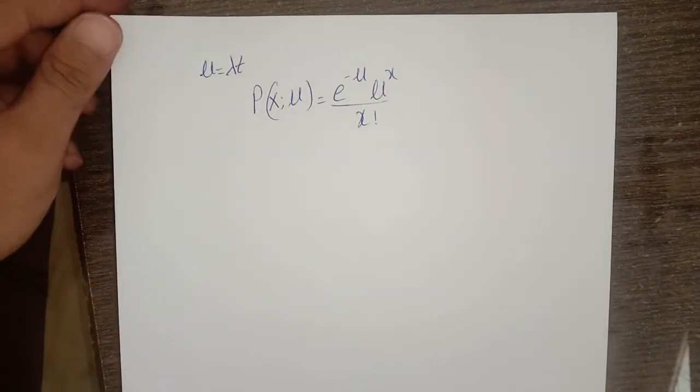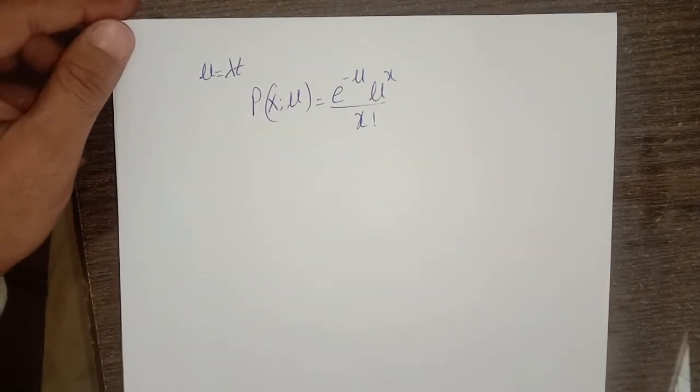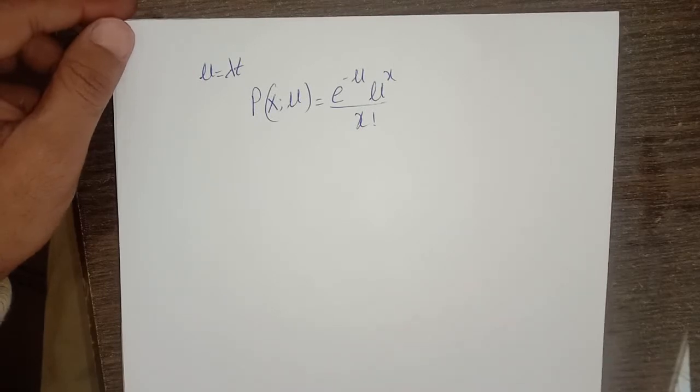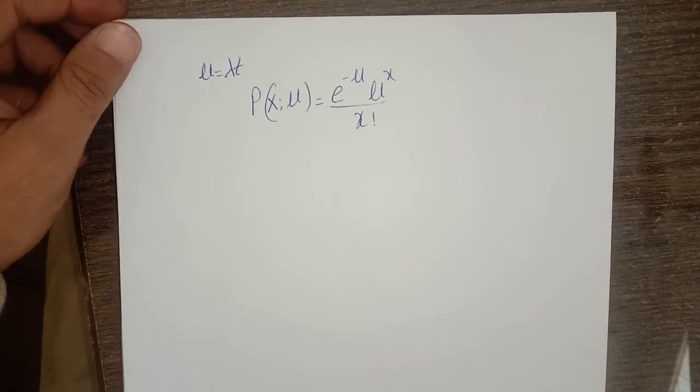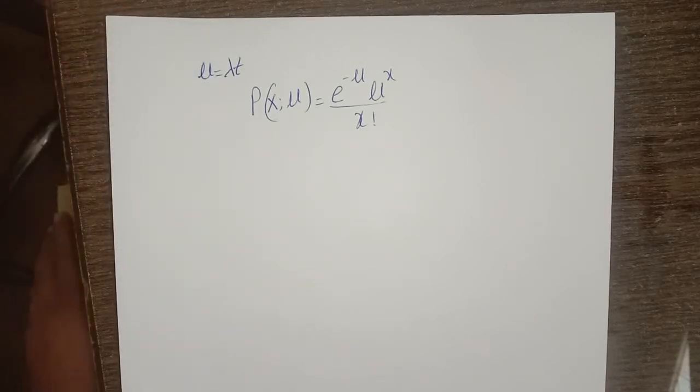Now, Poisson distribution has a lot of applications in different fields. You can search in any book. We can also go to a very useful relationship between binomial and Poisson distribution.